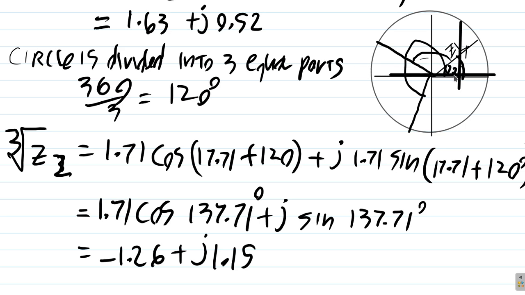So, let me extend this line, make it a little longer. So if we have this line, we rotate it 120 degrees, and then we rotate it again. If we do another 120 degrees, it would be 3 of them. Right? So that's what would happen.